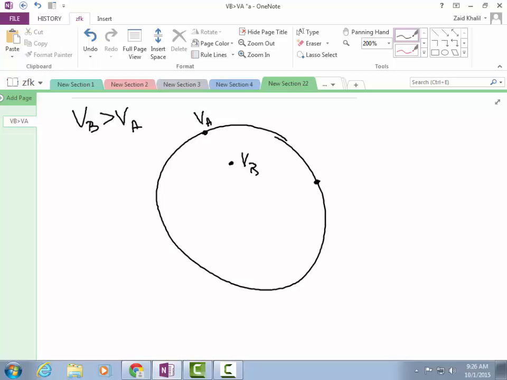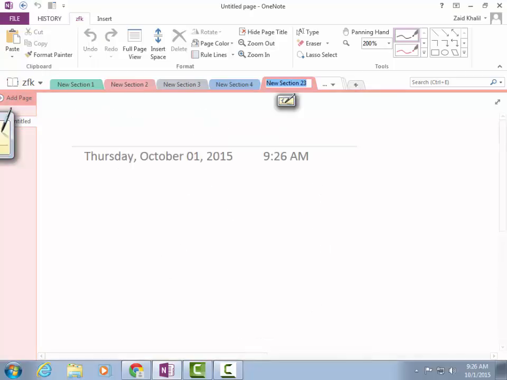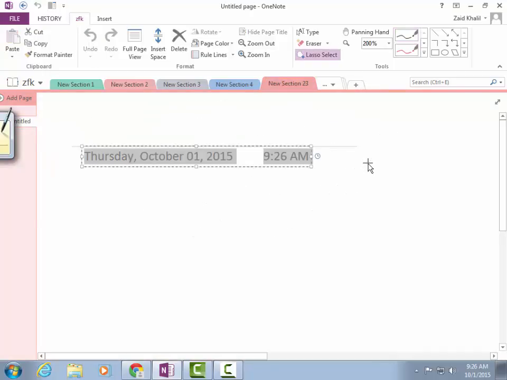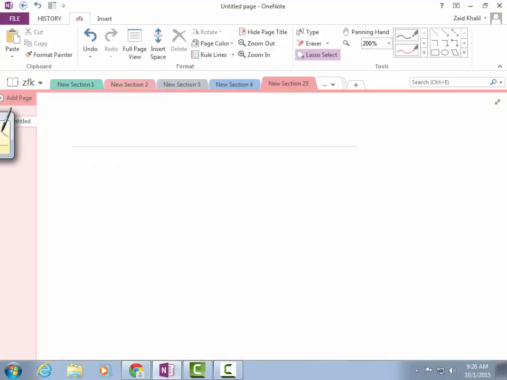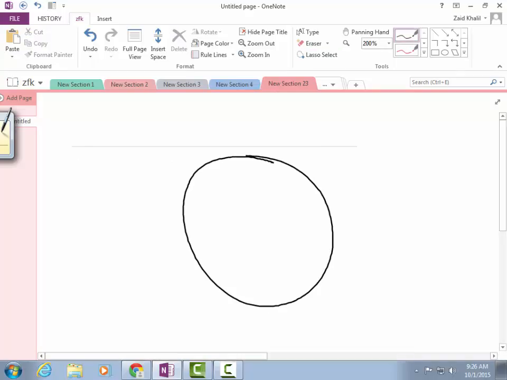Now it gets weirder. Because now, watch this. What I'm going to do is carve out a cavity inside of a conductor. So here is a conductor, make it spherical, right? And now I'm going to take my shovel, go inside, and carve out a cavity.